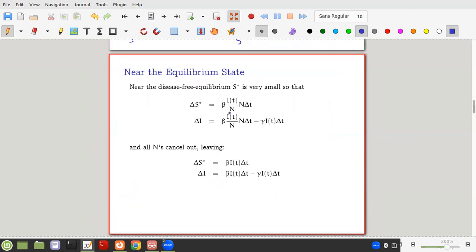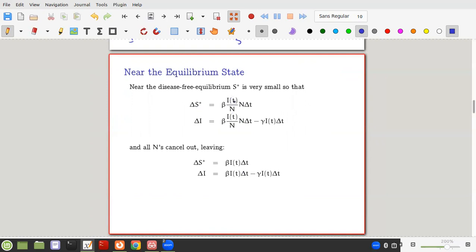So this is the N over N, and we've thrown away the nonlinear part, based on the fact that this term isn't proportional to N, whereas this term was proportional to 1 over N, and since N was very large, it's going to be very small, no matter what else is happening with I and S. So it's only an approximation. It's only good when we're really close to the equilibrium points.